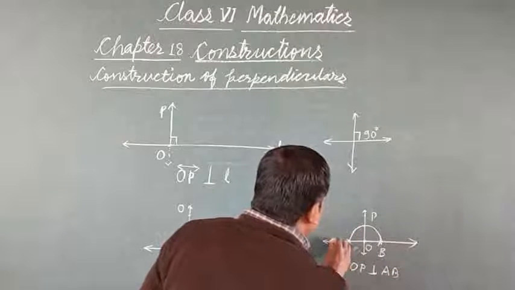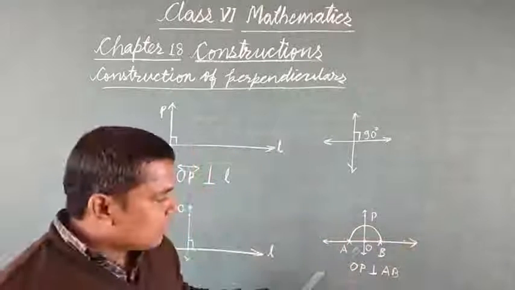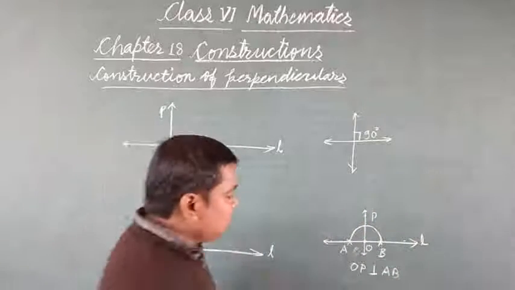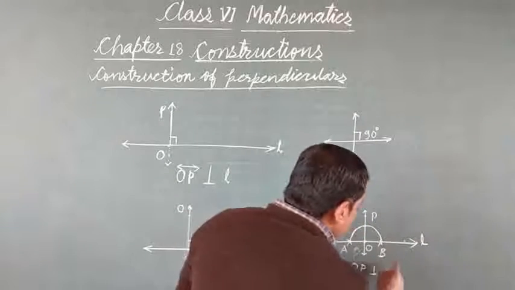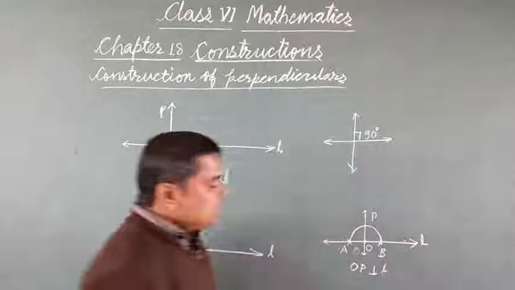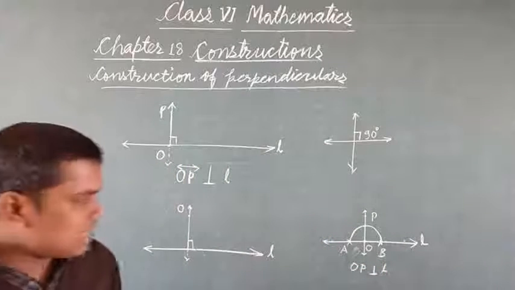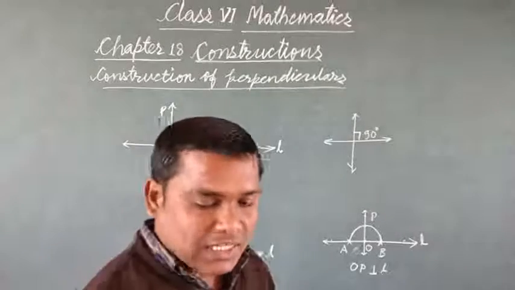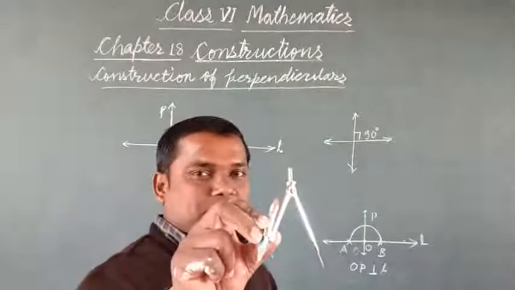Or if you want to take any other name, you can take it. This is line L, then you can say OP is perpendicular to line L. So this is the required construction of a perpendicular line using compass.